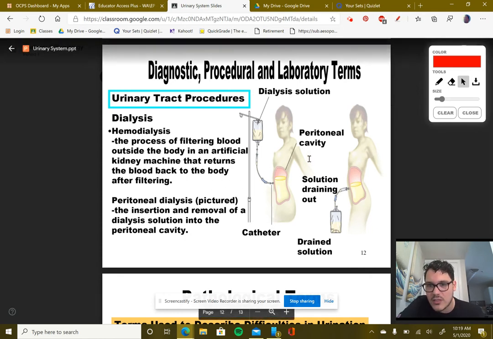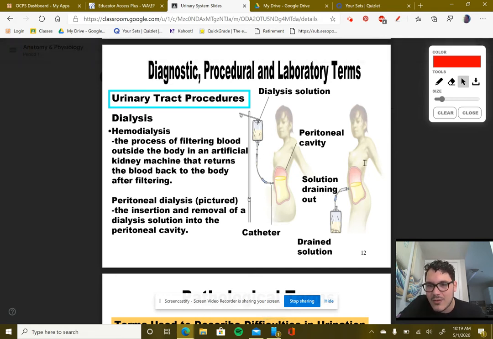Now, peritoneal dialysis is what we see here, the insertion and removal of a dialysis solution into the peritoneal cavity. So you see here, it's like a little IV bag connected to it. You can literally connect that to the body. Now, in some cases where the kidneys are really malfunctioning, people will have this taped to their body, like in their lower abdominal quadrants.